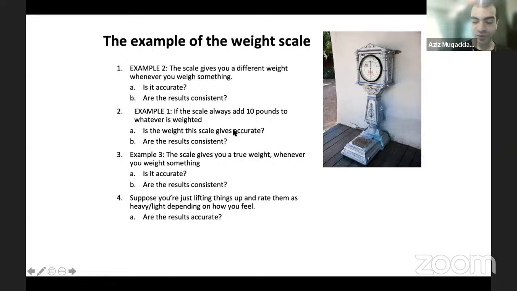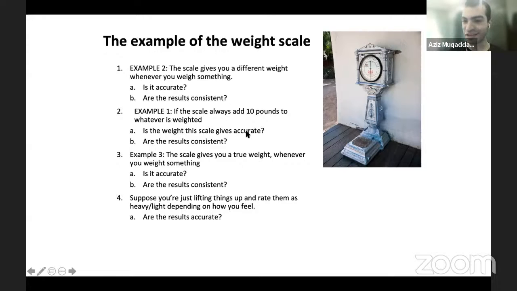Now, number 2: if the scale always adds 10 pounds to whatever is weighed. So if I weigh, let's say, 120, it will show 130. Is the weight the scale gives accurate? The answer is no. But are the results consistent? That's the tricky part. Most of you said no, but the right answer is yes.